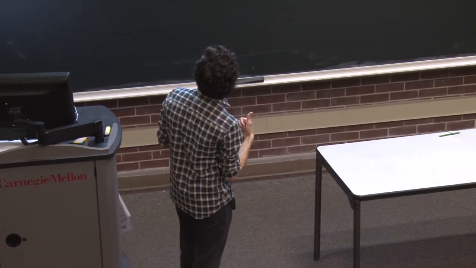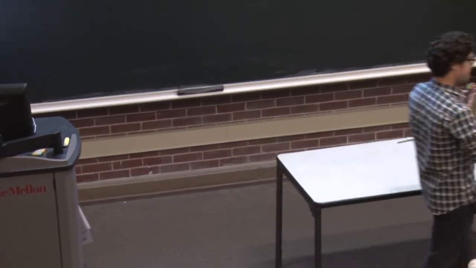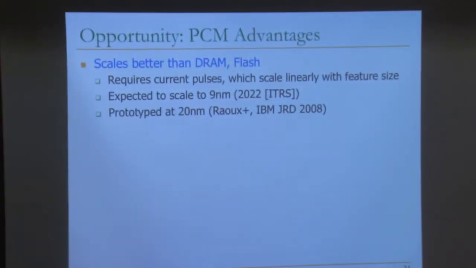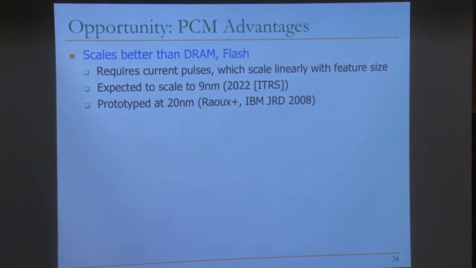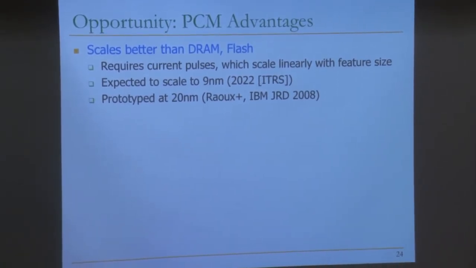Cool. Phase change memory. What are the advantages? So what we've been talking about all along is we hope to have devices that can scale better than DRAM, and we believe that phase change memory can actually accomplish this, in fact surpassing DRAM and flash technology. So it requires current pulses to melt the devices or to heat them up, and these scale linearly with the feature size of the device, and it's expected to scale to 9 nanometers.